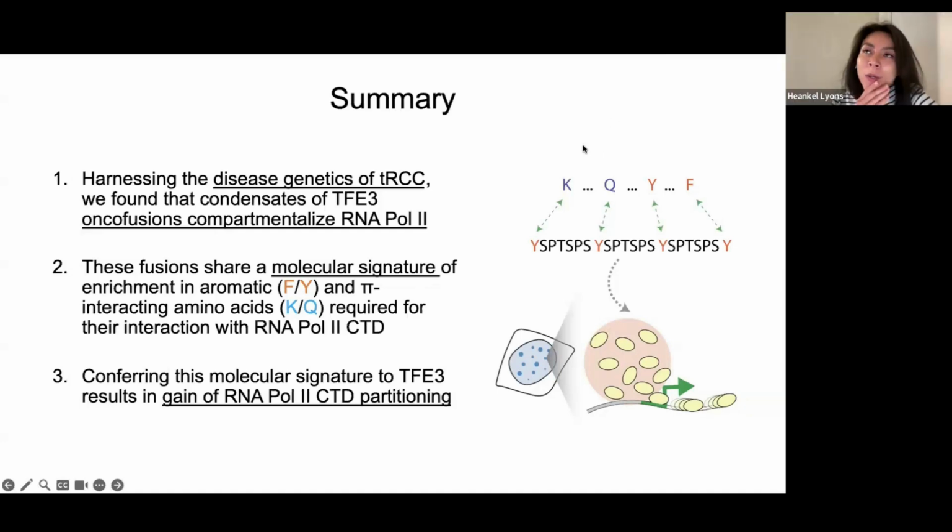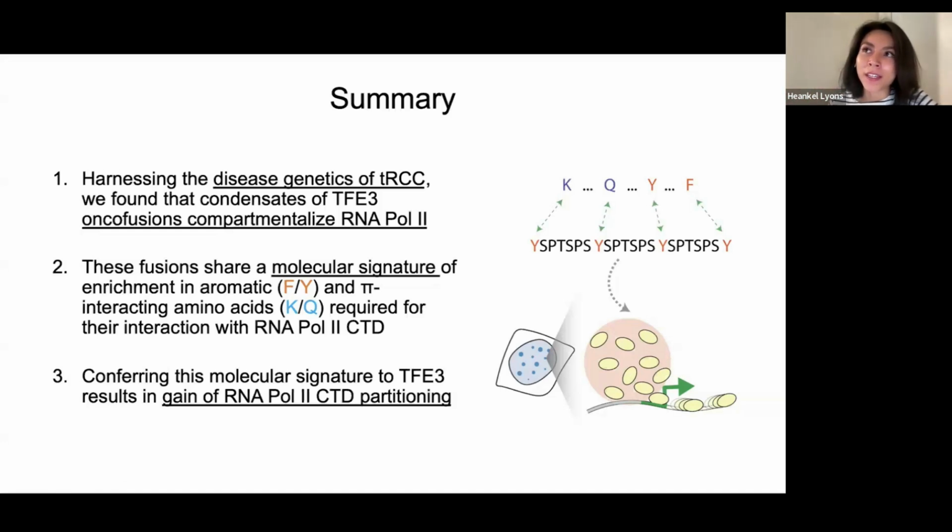That's a great question. So I remember from this large set of oncofusions, the actual percent with this molecular signature is probably close to 1 or 2. But if you just filter oncofusions with a fusion partner that is predicted to form condensates, then that percent is around 12.